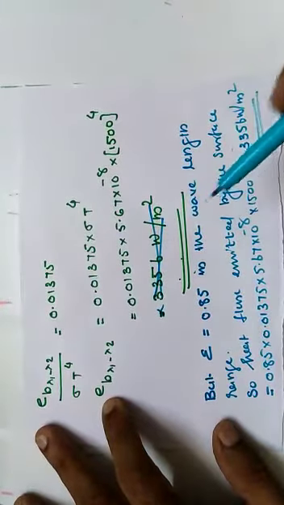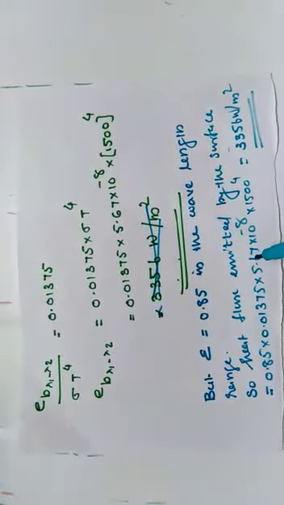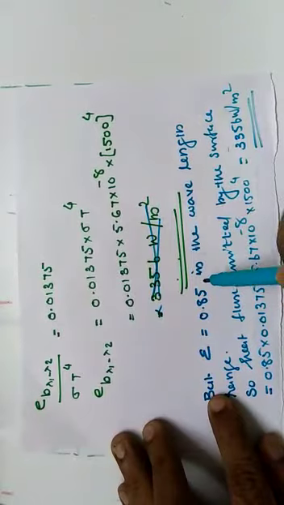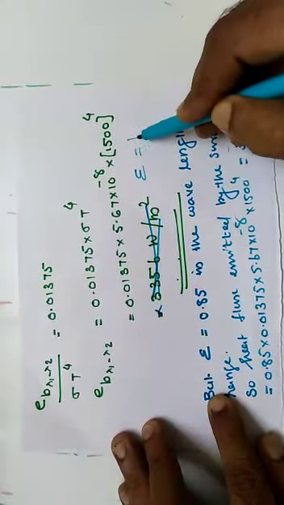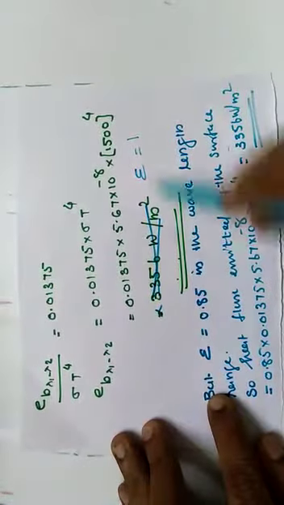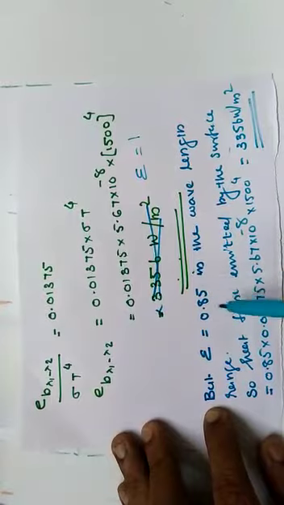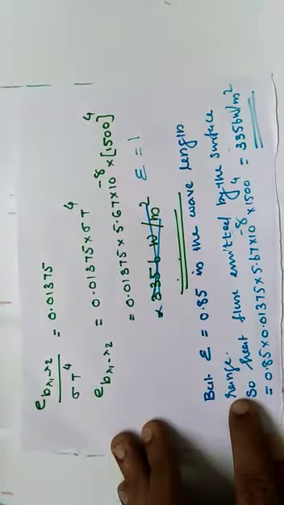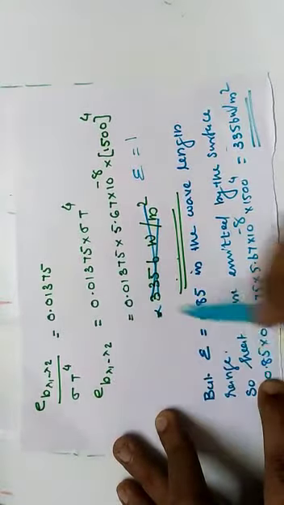Then the actual amount of energy that is emitted is equal to this much if the value of epsilon equals 1. But the value of epsilon is not equal to 1. The value of epsilon for the surface in the particular wavelength band is 0.85 only. So the heat flux emitted by the surface equals 0.85 into E b lambda 1 to lambda 2.